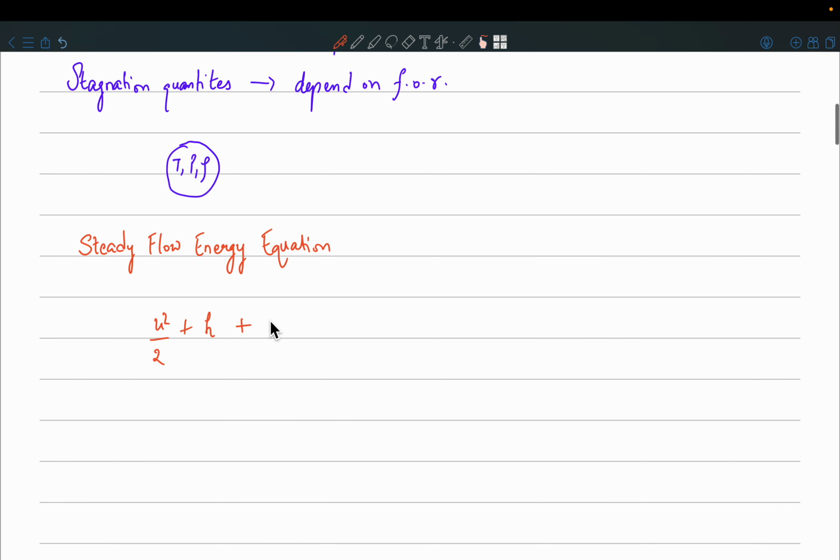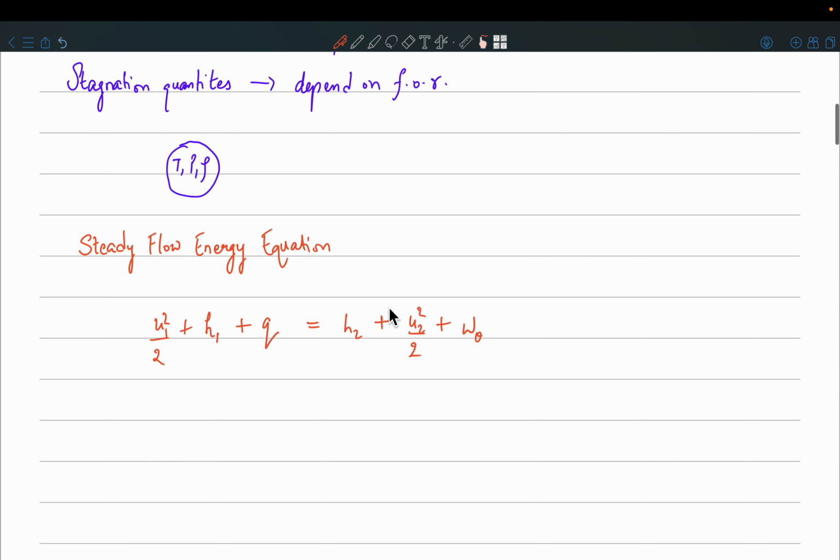If I am adding any heat q, and let us say this is at state 1, so h1 and u1, this is equal to h2 plus u2 square by 2 plus any work output, right?